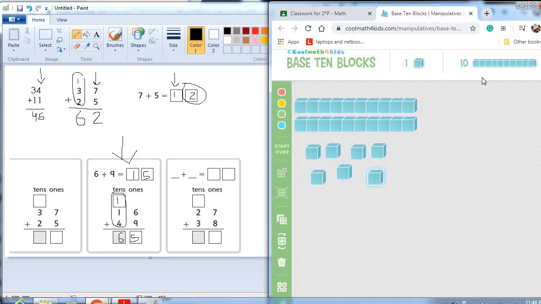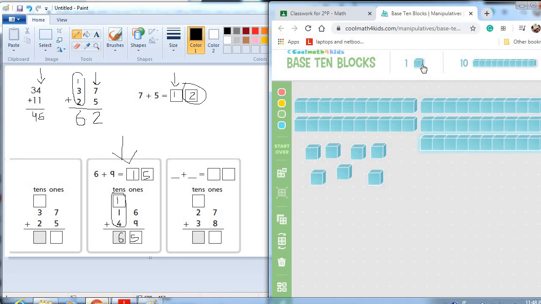Then I have 38. 30. Then 1, 2, 3, 4, 5, 6, 7, 8.